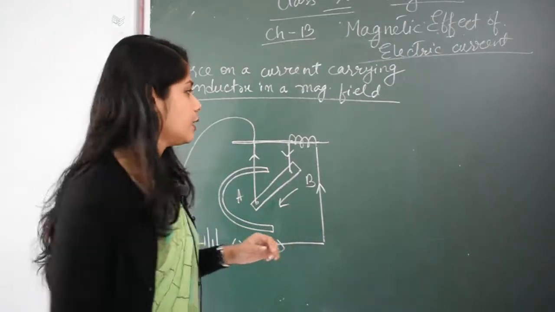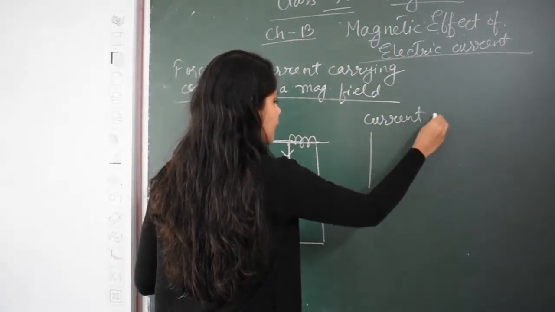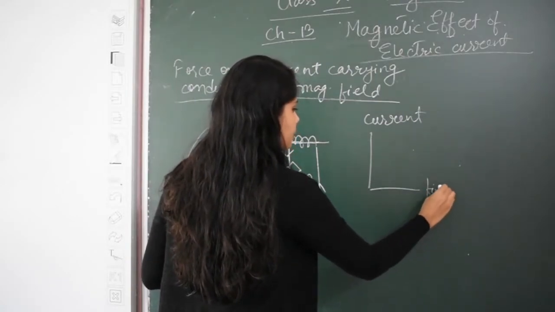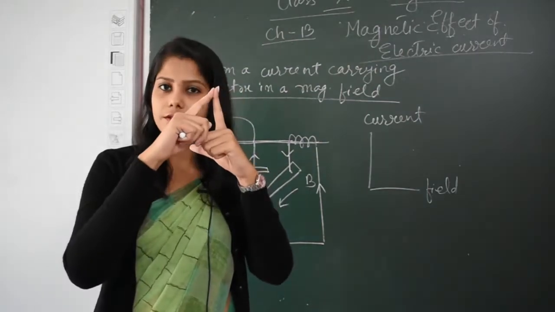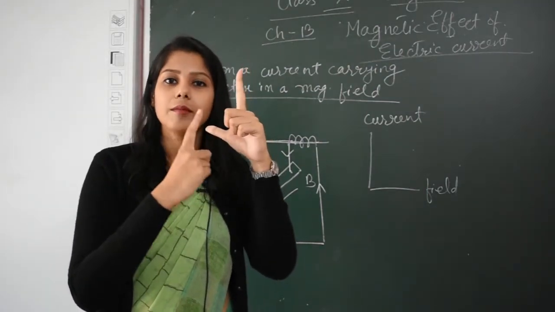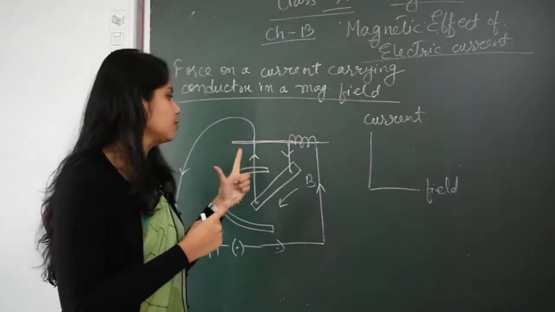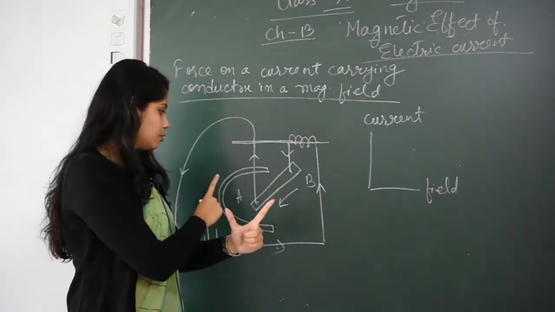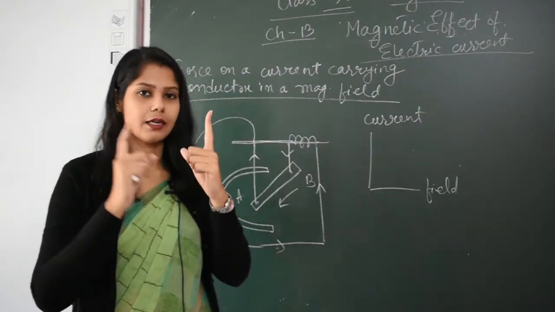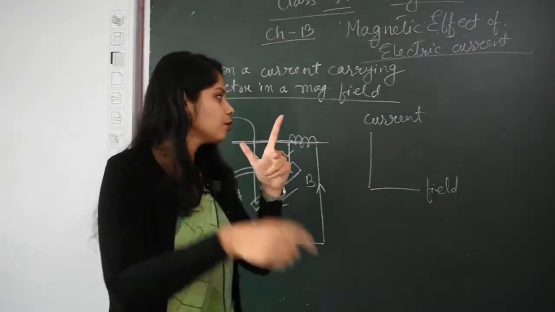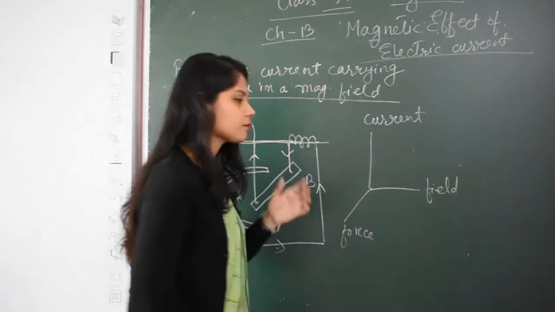If I take the direction of current and the magnetic field perpendicular to each other, then the direction of force due to the magnetic field on the current carrying conductor is perpendicular to both current and field.